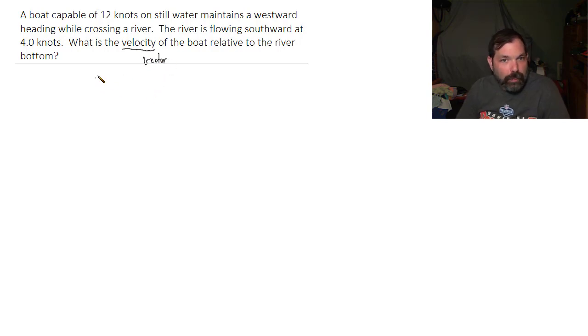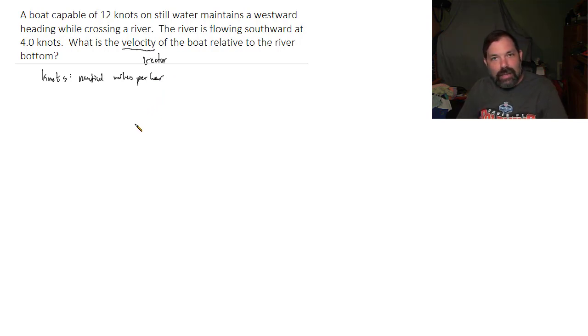One thing that you may not be aware of, if you've never gone boating, is the term knot. Knots describes nautical miles per hour. So a knot, K-N-O-T, is a nautical mile per hour.